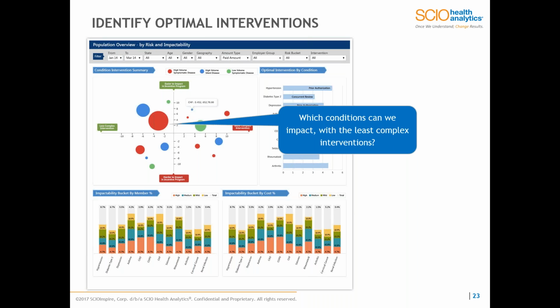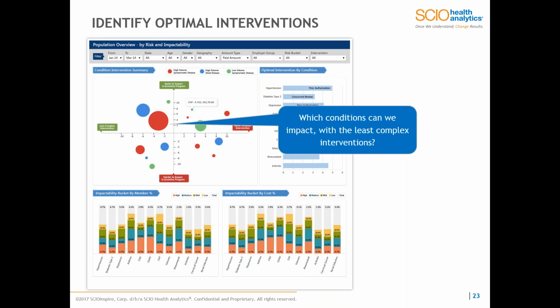So when you look at intervention optimization by condition, you can visualize the conditions based upon impactability. The impactability would be here across, looking at those who are harder to impact, like needing an incentive program, versus those that would respond better to a less complex intervention, easier to impact.